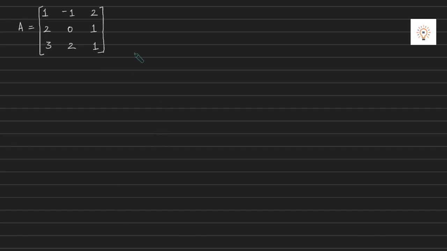Now how can we find the cofactor matrix? The next step is to find cofactors of each element in A. It's very simple. We just have to know how to find the determinant of a 2 cross 2 matrix.